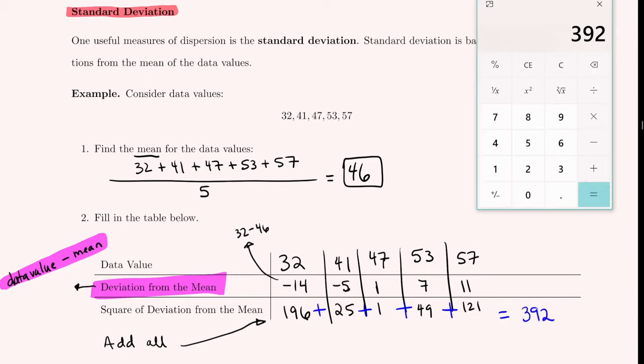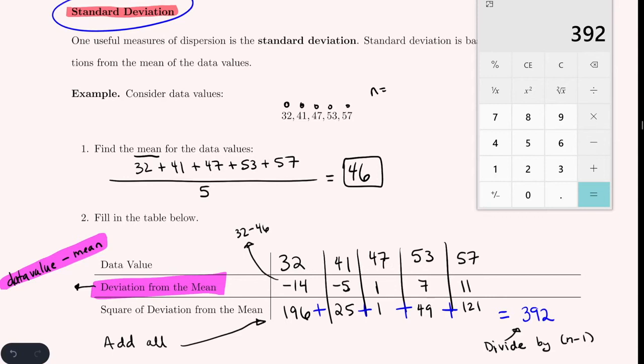And then the next step in finding the standard deviation is you now take this value and we divide it by n minus 1. Now in this section of notes, remember n is the number of entries. So earlier n could be calculated 1, 2, 3, 4, 5 entries.